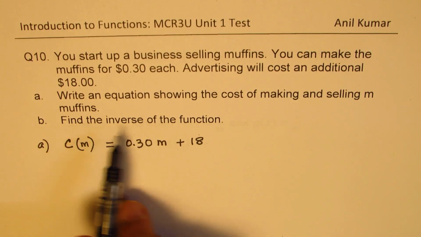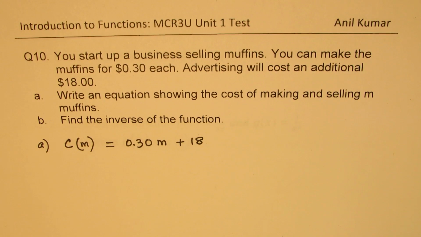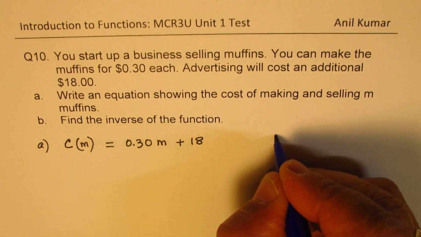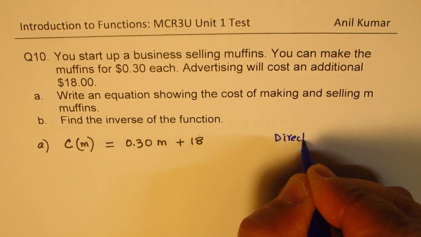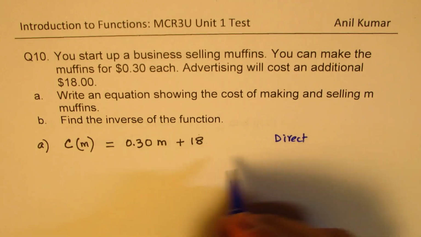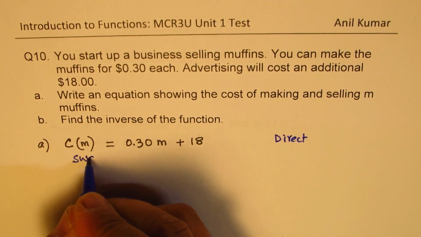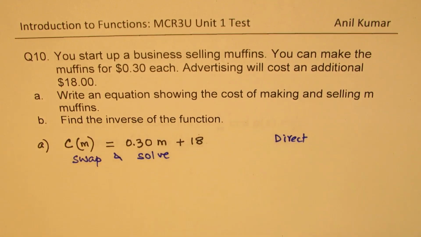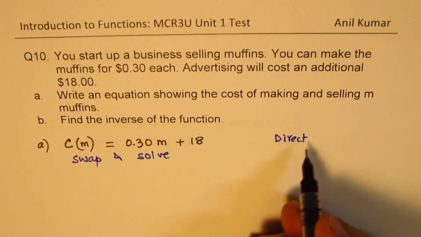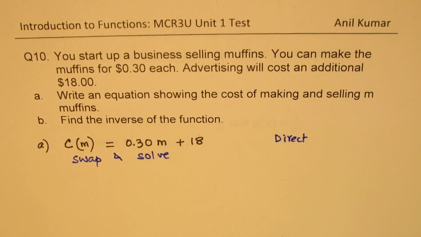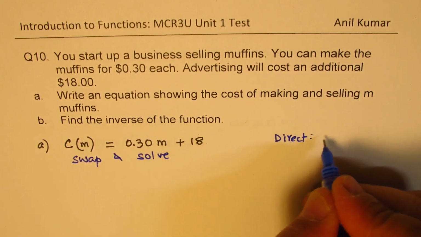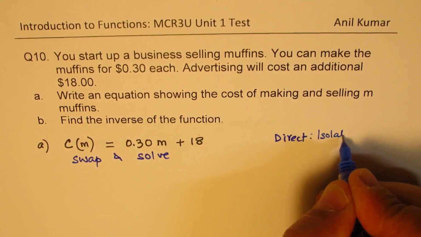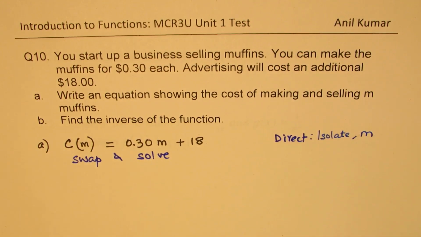Now you need to find the inverse of this function, right? So for inverse, we could do a direct method and we could do swap and solve, correct? So we could do either. So if I do the direct method, I'm isolating M. Basically, when I do the direct method, that means isolate M in this case, correct?